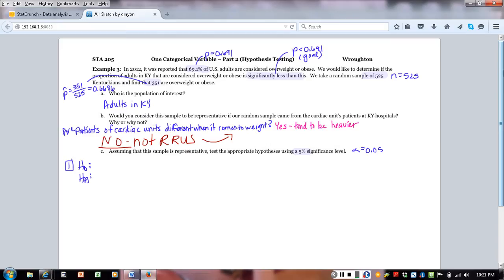The alternative hypothesis, if you remember, is the goal that we're reading in the problem. So we want to show it's significantly less than this. So we actually wrote out our goal already. This is our alternative hypothesis up here. Now the null hypothesis has the same symbol, the same number, and always an equal sign between them. Or in a sense, the null hypothesis is that Kentucky is the same as the rest of the United States. The alternative is that they are less.